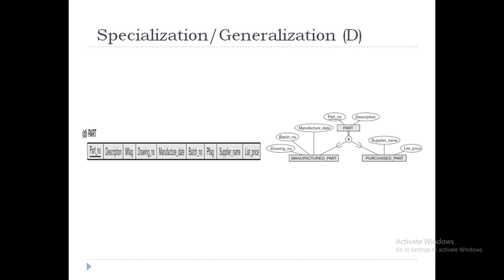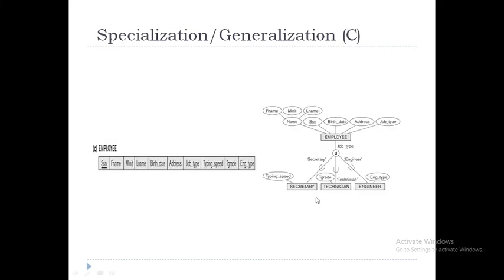In the previous case, everything is included in a single relation, but in the disjoint specialization, it will have a larger number of null values. Because here an employee can be a secretary or technician or engineer, but not multiple designations, correct? They are not secretary and technician or secretary and engineer. They belong to only one particular job type. If, for example, he is a secretary, then only the typing speed is applicable.